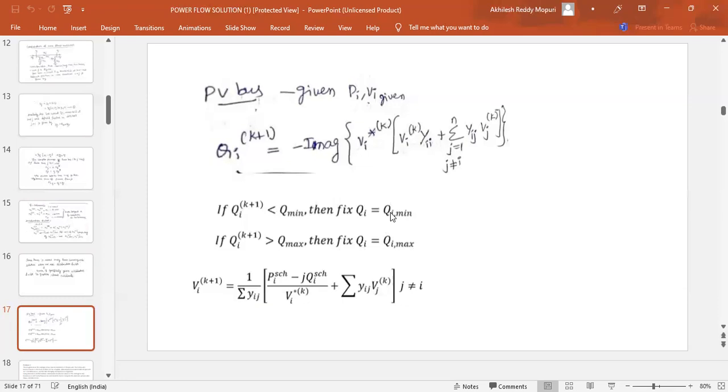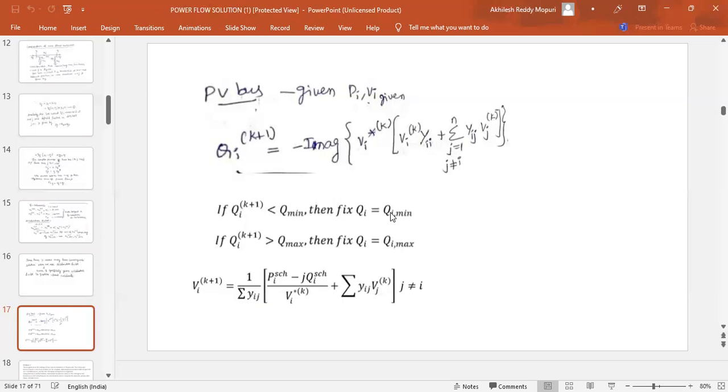So, for a PV bus or a generator bus, after finding Q, if the Q value lies within the range, then you will proceed as a PV bus. That is finding the voltage and finding the real part of voltage, keeping the imaginary part as it is. If Q is not in the range, if Q is near to Q minimum, fix Q as Q minimum, or if Q is near to Q maximum, fix Q as Q maximum.